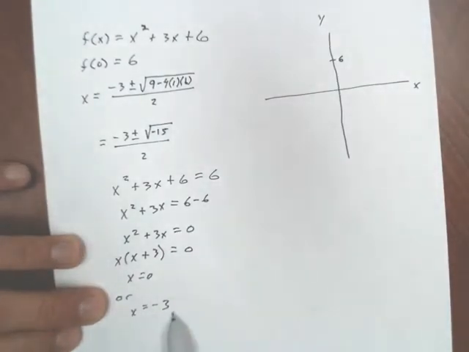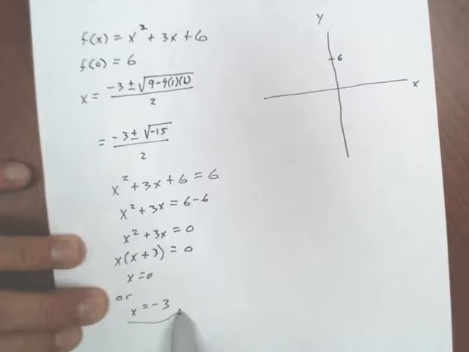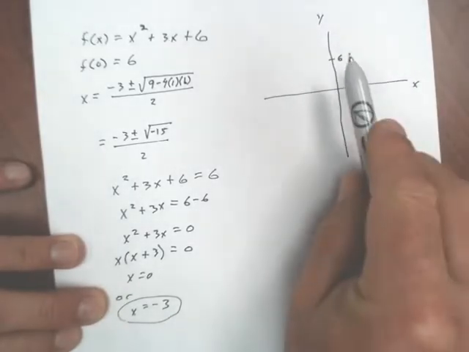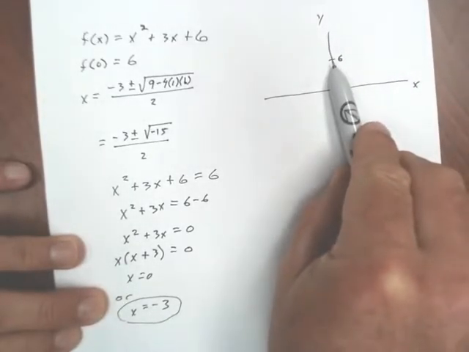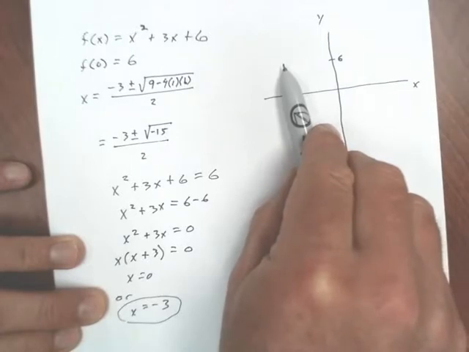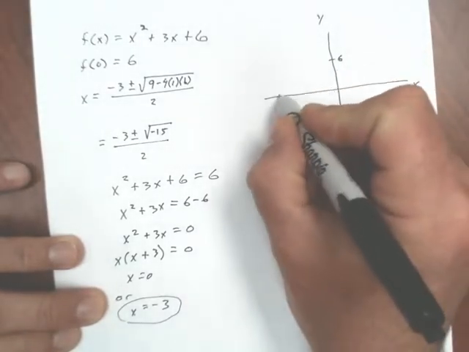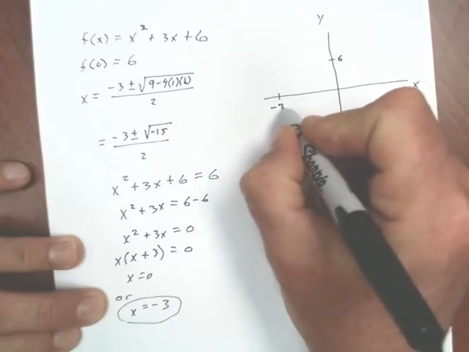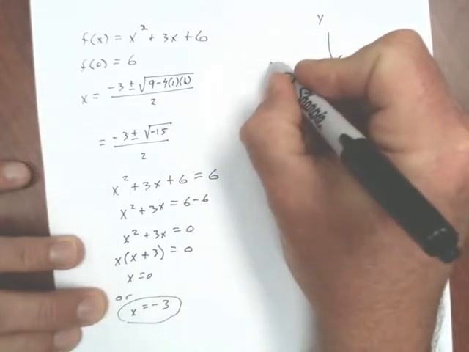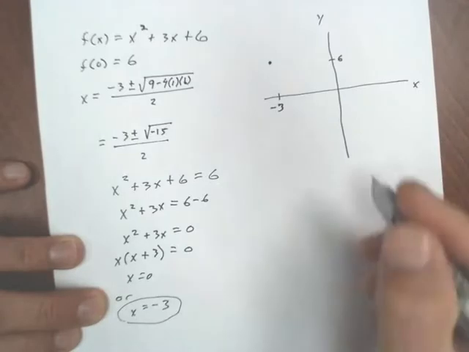This is the key though. This is the point of symmetry, directly opposite of 6. So at x equals -3, y also equals 6. Okay, you see this now?